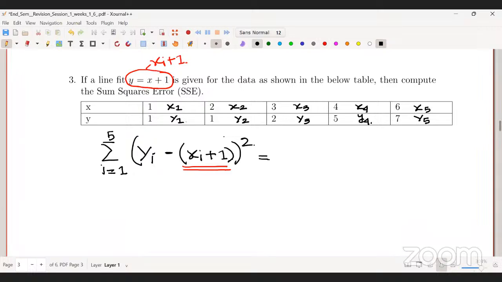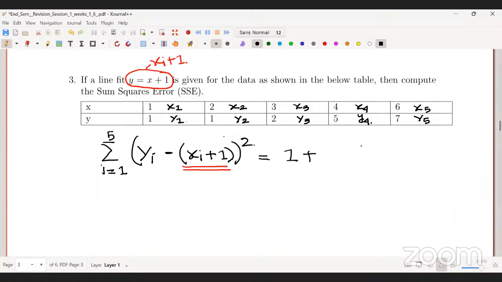Sorry, if I substitute, in our first case x1 is 1, y1 is also 1, right? So then what will I get? 1 minus 2, which is precisely minus 1. So this is minus 1 square, so in the end I will get 1, right?